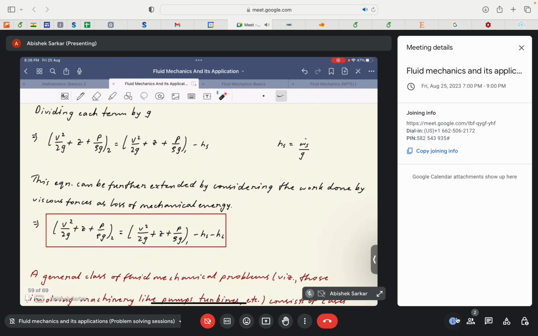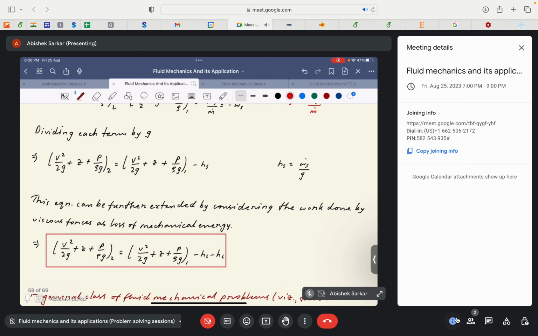So again here, for this form of the equation, shaft work is considered and viscous losses or viscous dissipation are neglected.